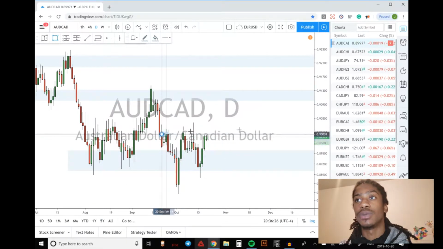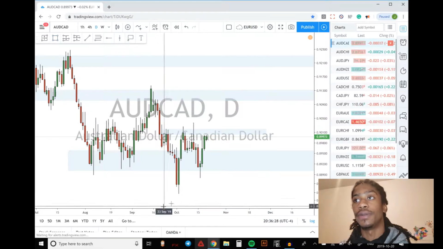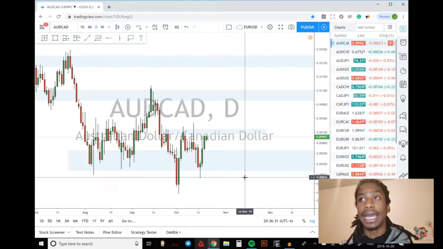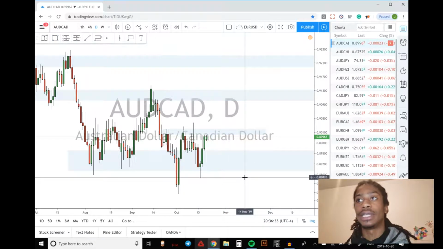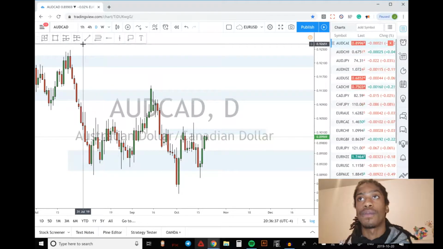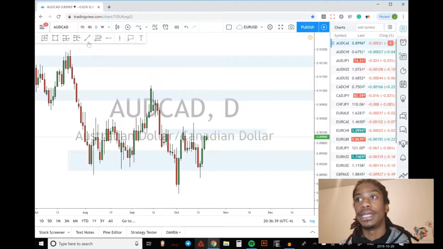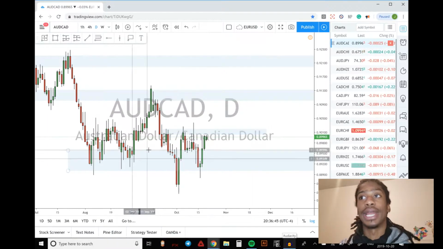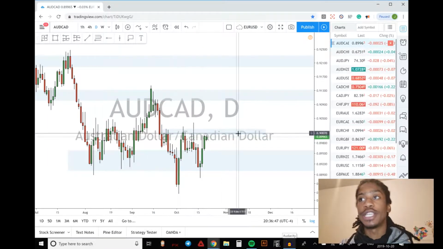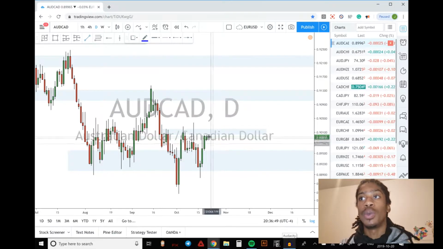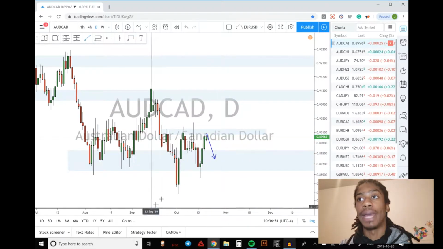And then I see we also have a resistance area here. So seeing that this is kind of the only relevant things that we have here, I will just be mentioning what I can see here. So as long as price is below this resistance, we are looking to see price fall back.